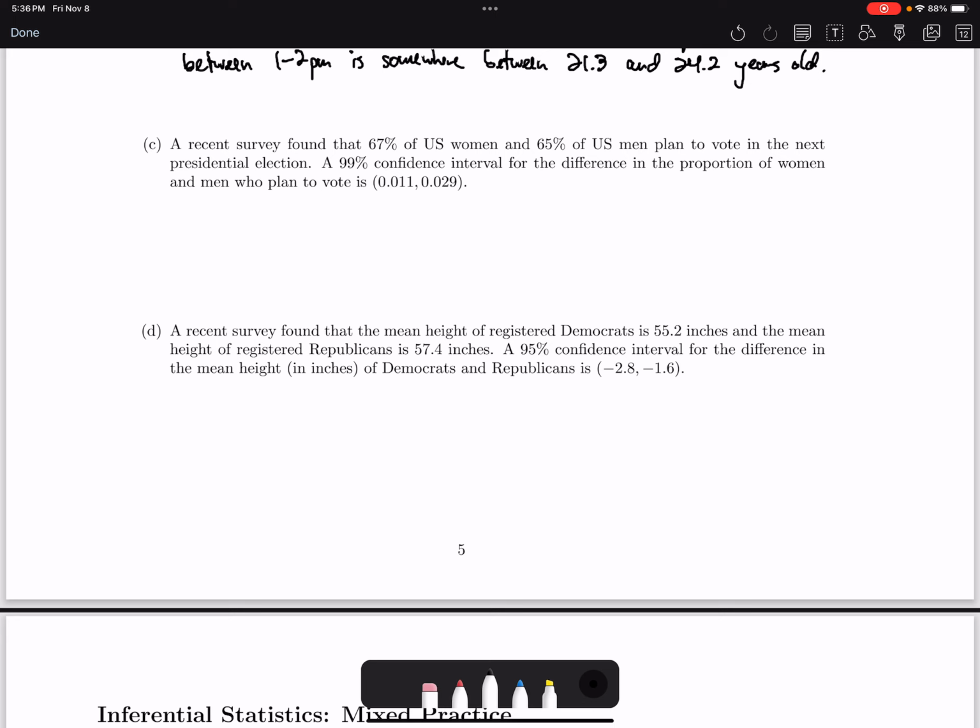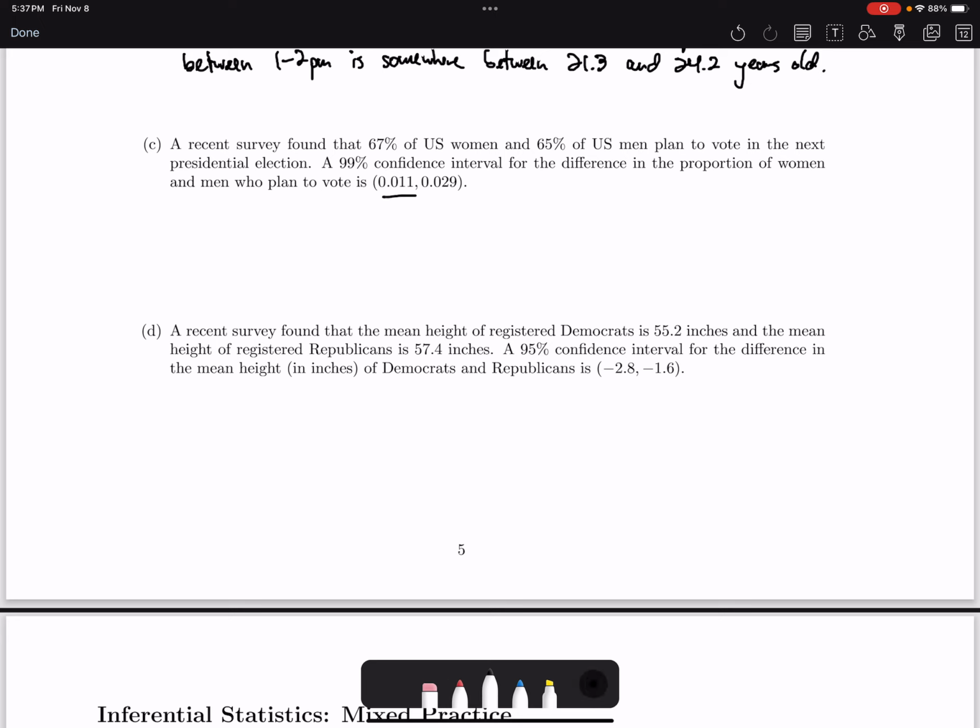Some of the misinterpretations that I've seen about confidence intervals is that some of you have thought that the lower bound is an estimate for the percentage of women, and the upper bound is an estimate for the percentage of men, but that is not true. This is a confidence interval for the difference in the proportions. In other words, if you subtracted the proportion of women and men who plan to vote, what would the difference in the proportions be?